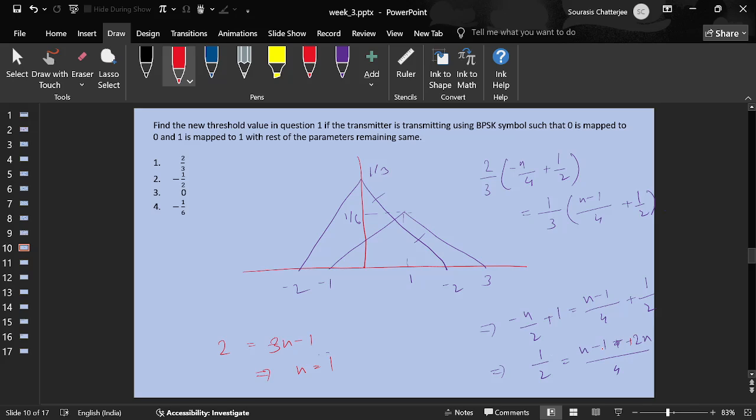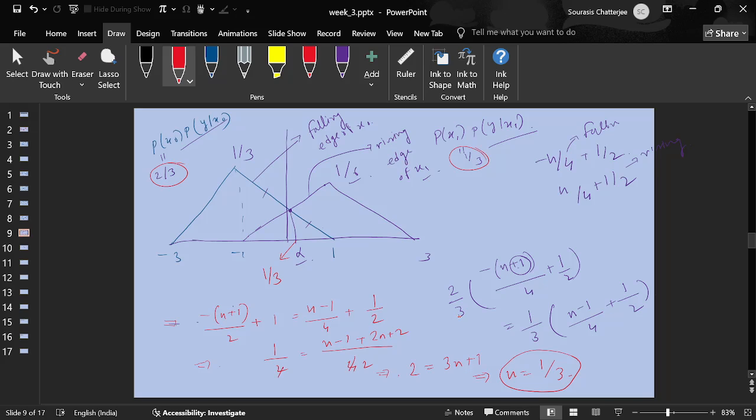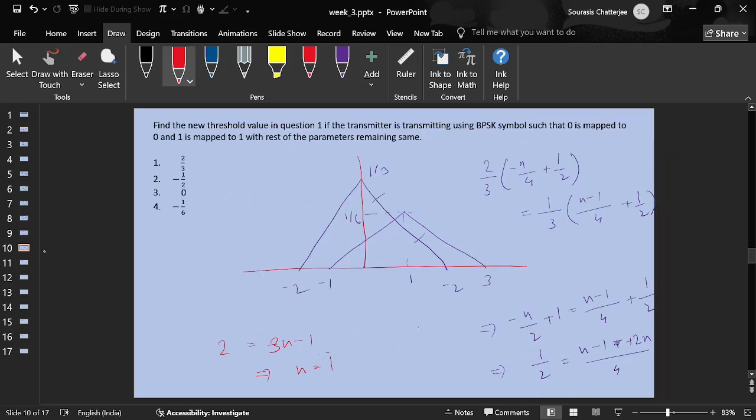Just let me confirm once. 1/2 here, (n minus 1) by 4 goes that side. Fine. 2n. Yeah, got 1.